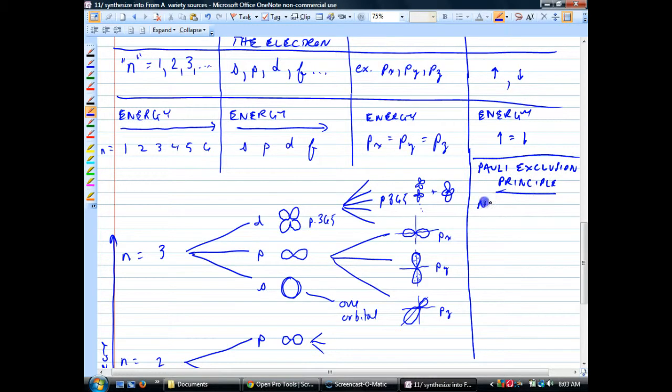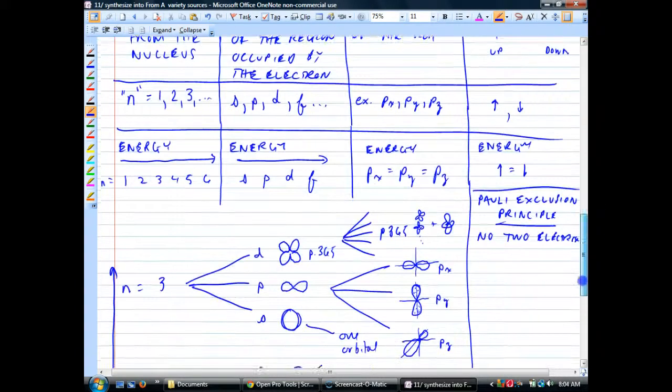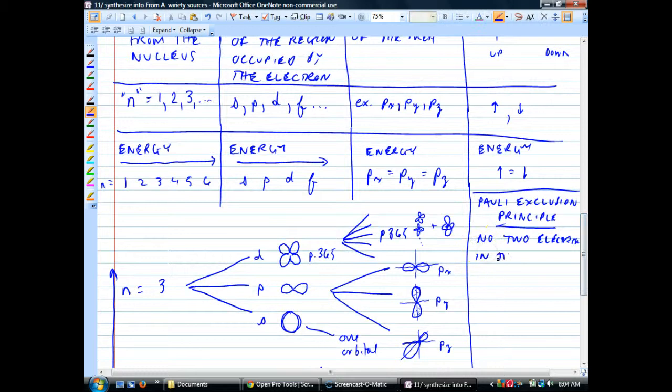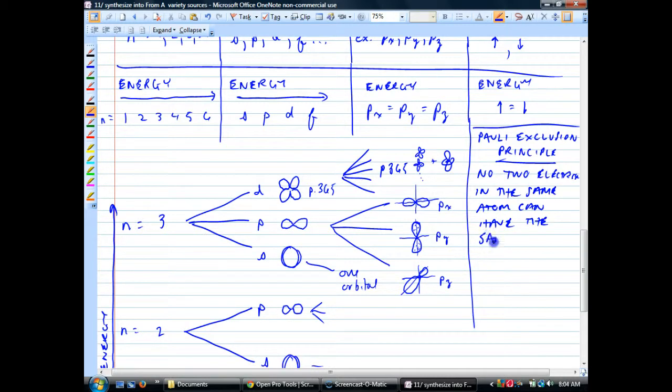It basically says that no 2 electrons in the same atom can have the same 4 properties. In other words, you can't have two electrons in the same atom with the same principal energy level, sublevel, orbital, and spin.